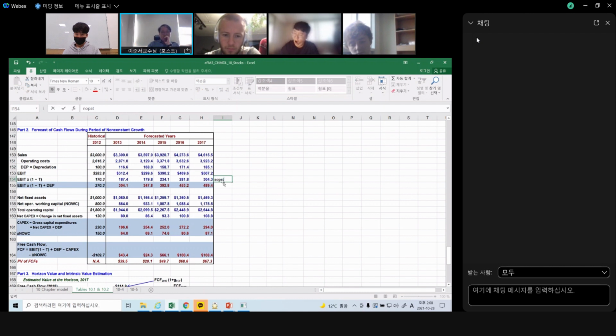NOPAT, net operating profit after tax, not NOPAT. I have two pets. Yeah, two dogs, very smart, smarter than me. One of them is a mix of border collie.